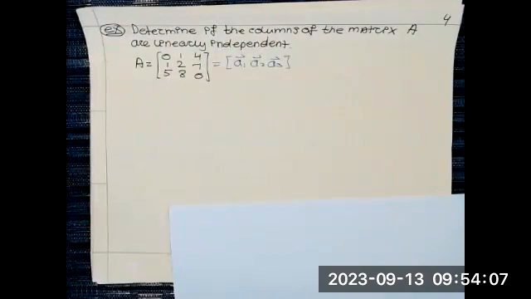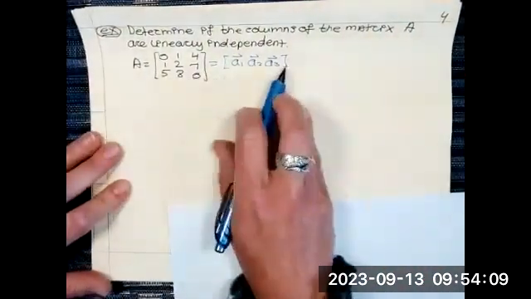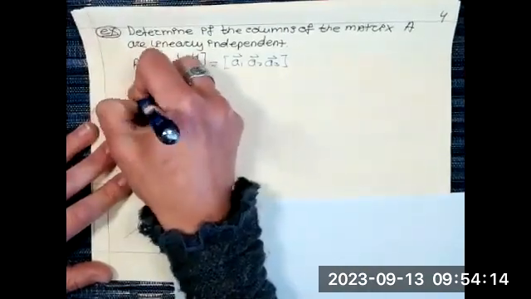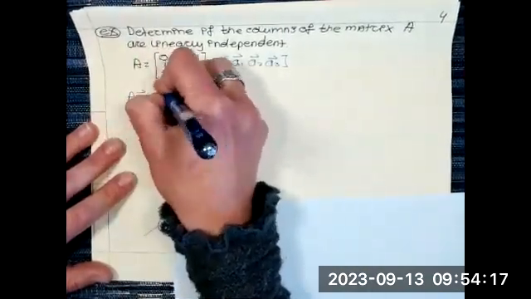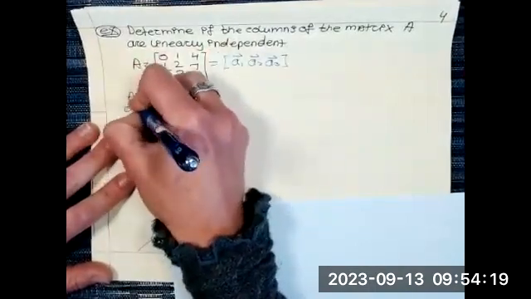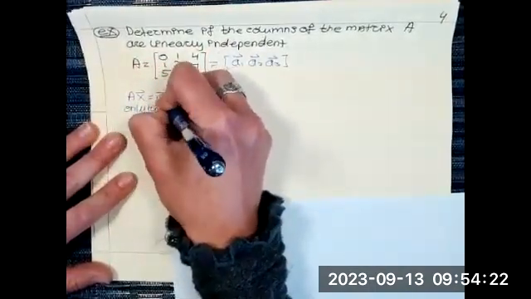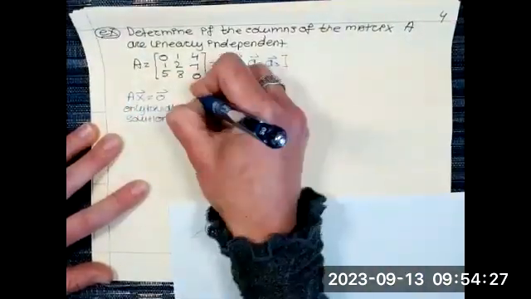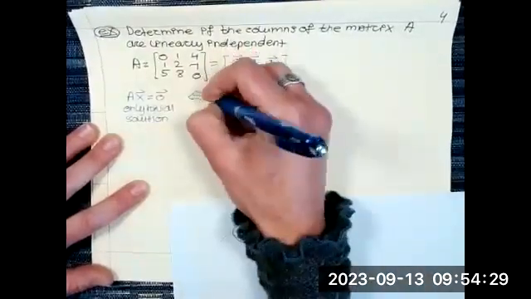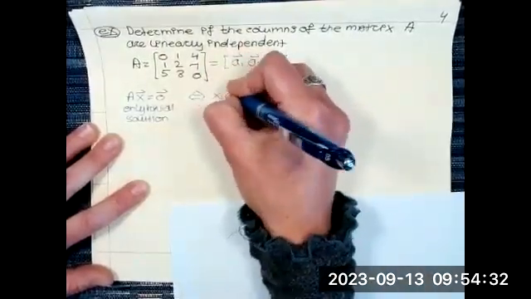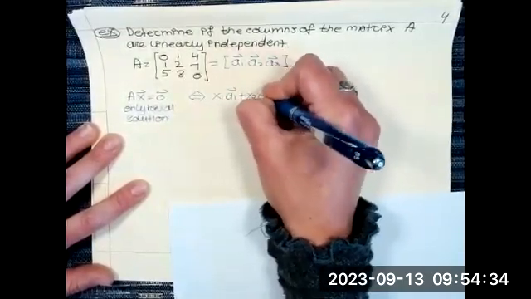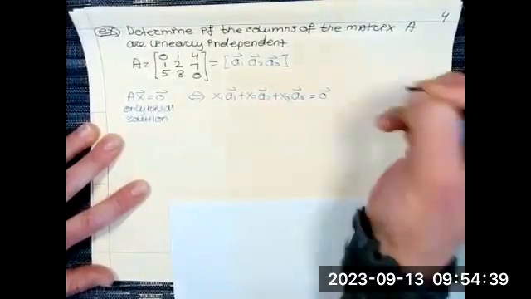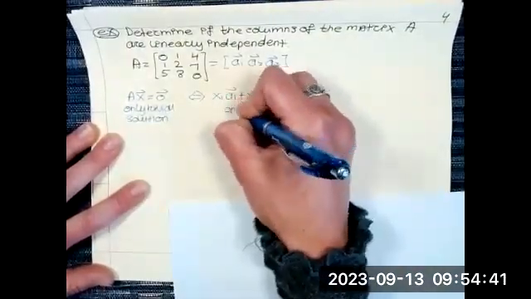Now, I know that my columns will be linearly independent if the matrix equation Ax equals 0 has only the trivial solution, which is equivalent to having the vector equation x1 A1 plus x2 A2 plus x3 A3 equals the 0 vector, with only the trivial solution.